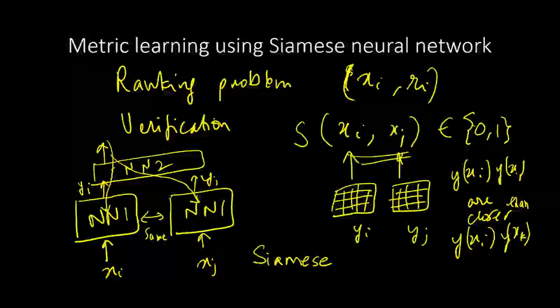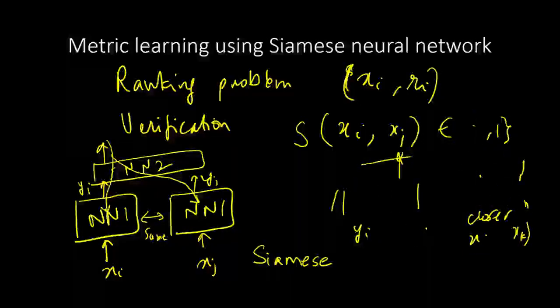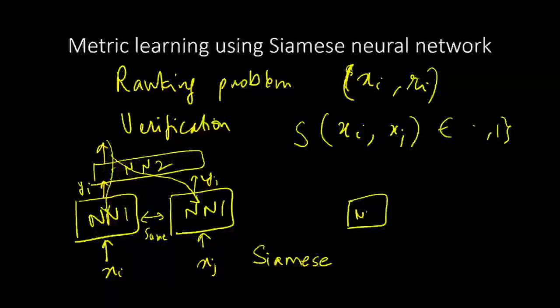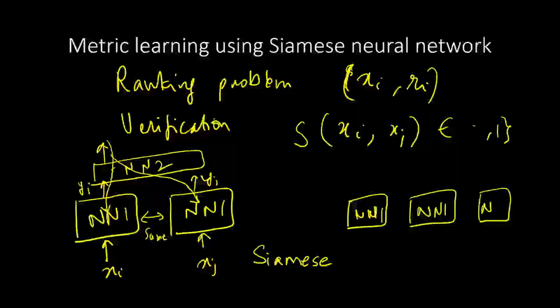In that case we will have a different kind of Siamese, and the way that will work is that we will have the same neural network NN1, and it will share weights with another NN1, and with another NN1. The inputs we will give are xj, xi which is the anchor, and xk which is the negative sample.